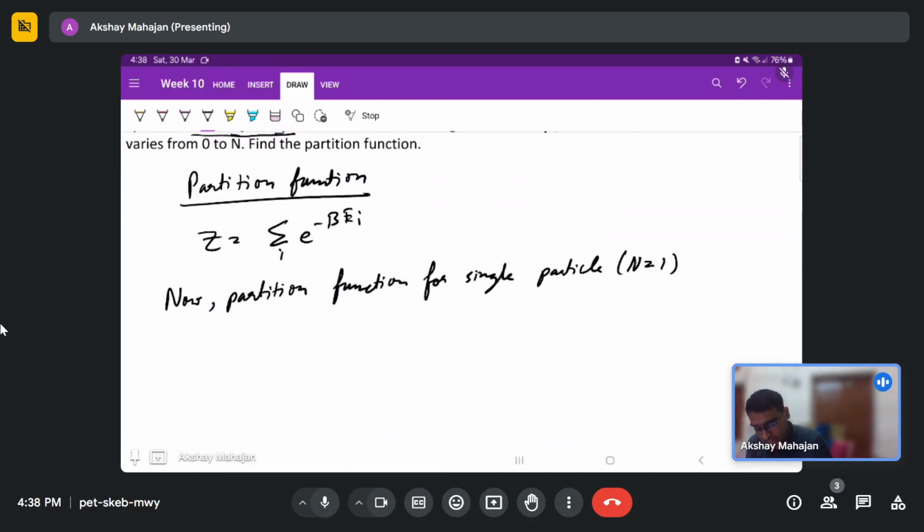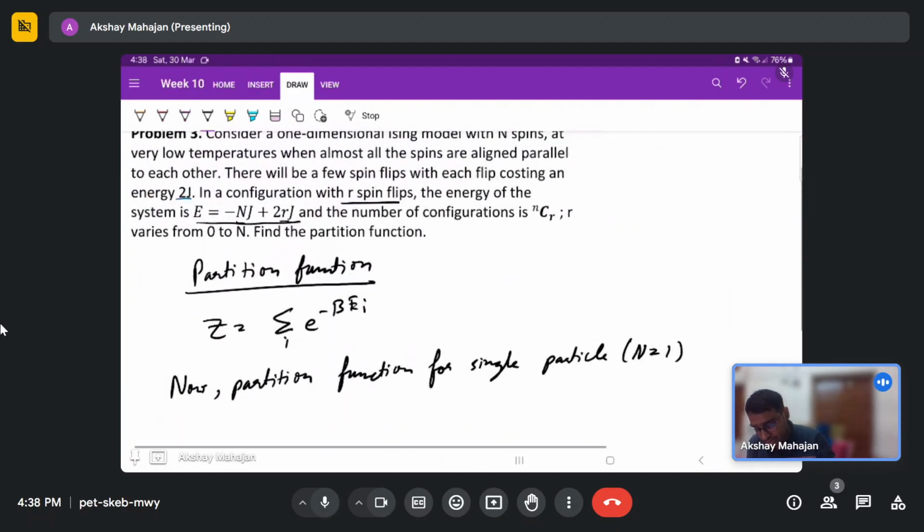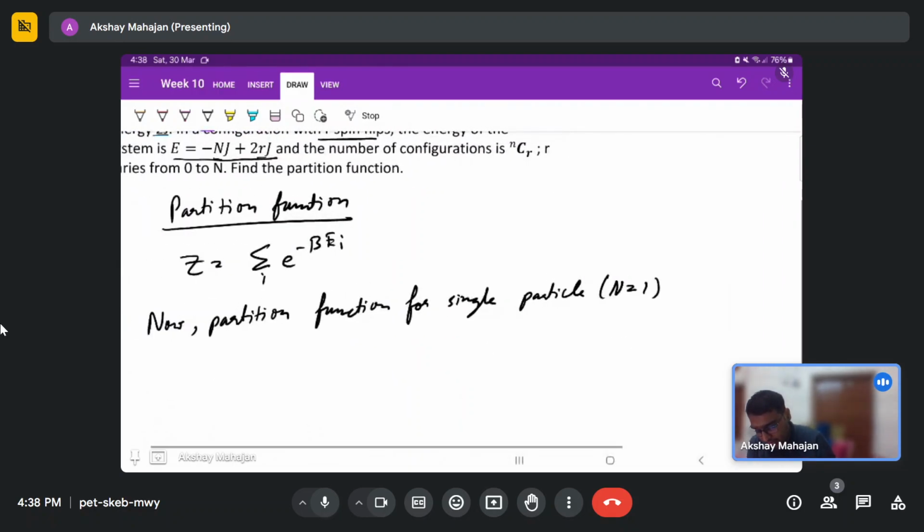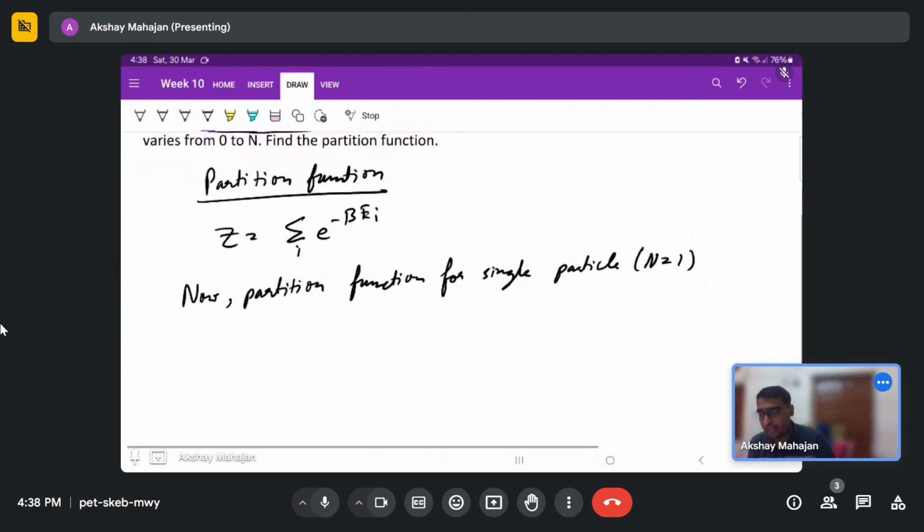For this kind of problem with n spins, we can first find the partition function for a single particle, taking capital N equals 1. In that case we can have two configurations: either the spin is in one direction, or we flip it.